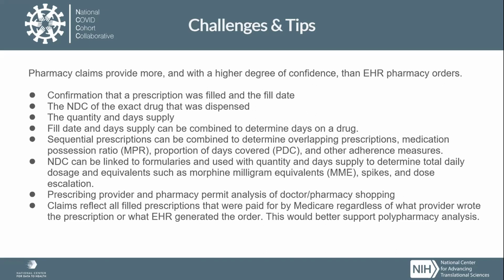A lot of times you can identify spikes in different places that are important for opioid drugs, possession ratio and things like that, something called morphine milligram equivalents. We can do all that with claims. So it's powerful stuff, and having the claims, pharmacy claims, makes it a lot easier to do this. It's difficult and you have to make a lot of assumptions with EHR data to be able to do some of this stuff.